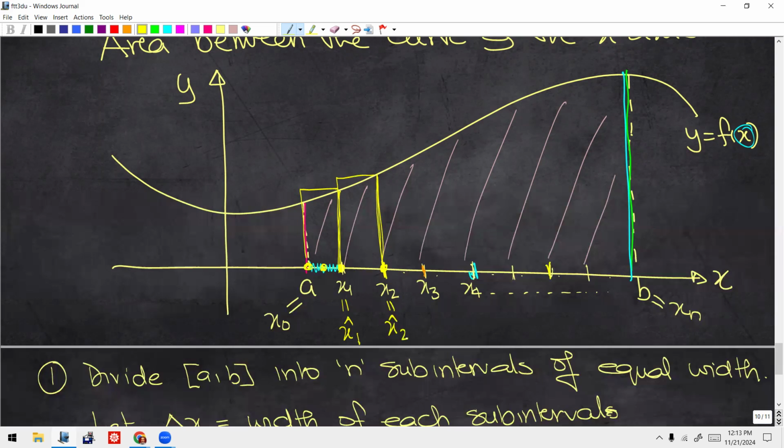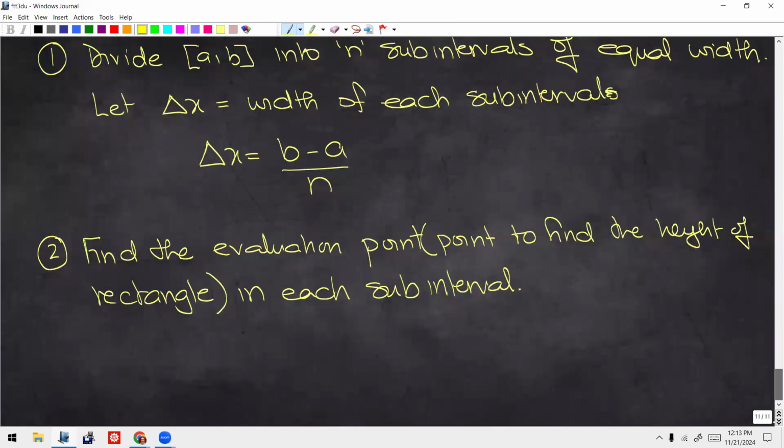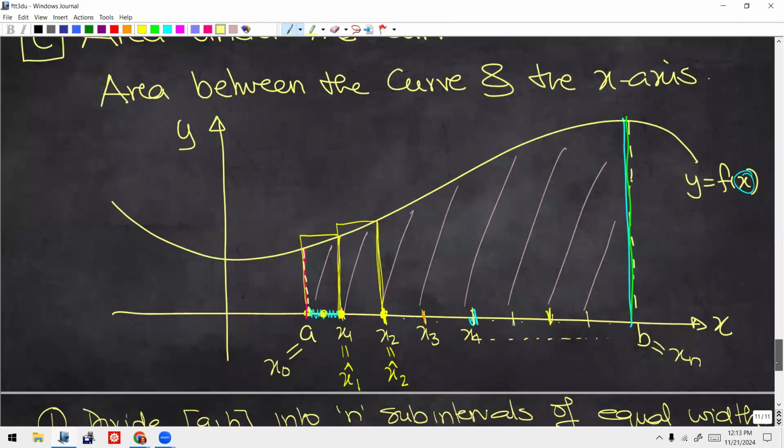Okay. So what do you think is the formula for x hat sub k in general? What do you think will be the formula to find the kth evaluation point? You guys understand my question? So let's pretend, focus on this: let's say that this rectangle that I've drawn is my kth rectangle.